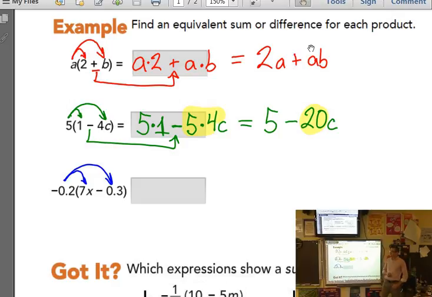This is multiplication. So if I have 4 carrots in a bag, and I have 5 of those bags, how many carrots do I have? 20.